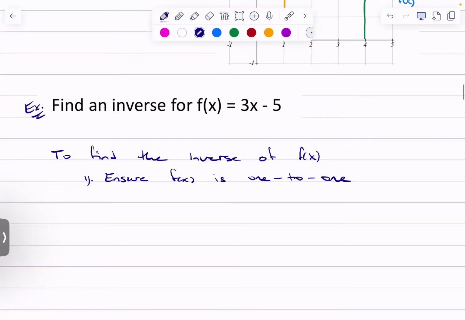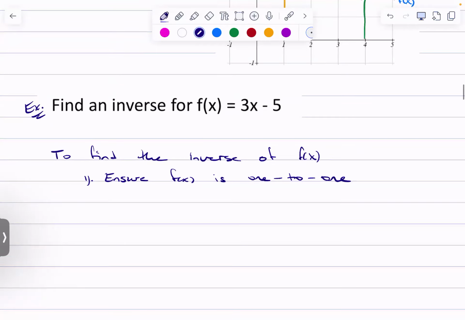All right, so what we're doing when we find the inverse is we're essentially reversing the function, right? And so the outputs become the inputs, right? So my x's become the y's.